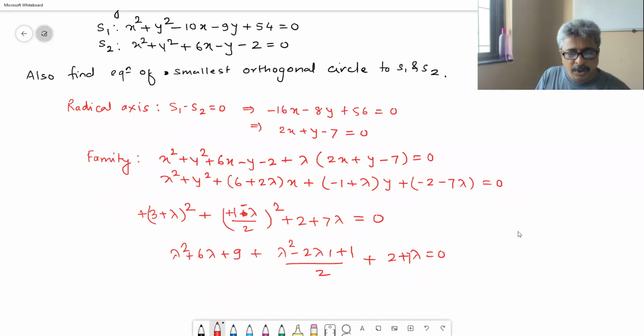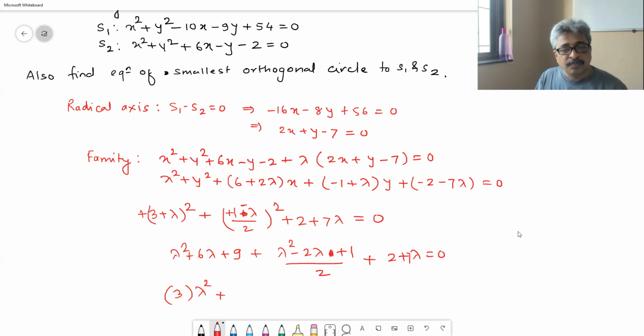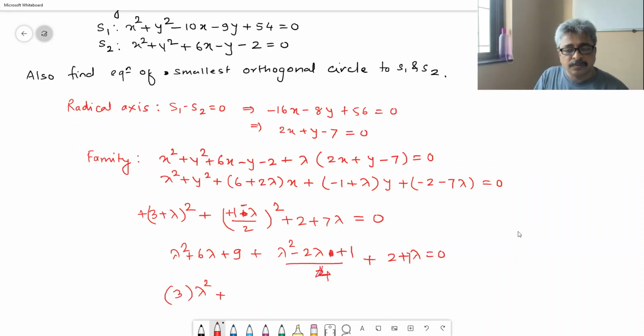If I multiply by 4 and put all the quadratic in lambda square, how much?